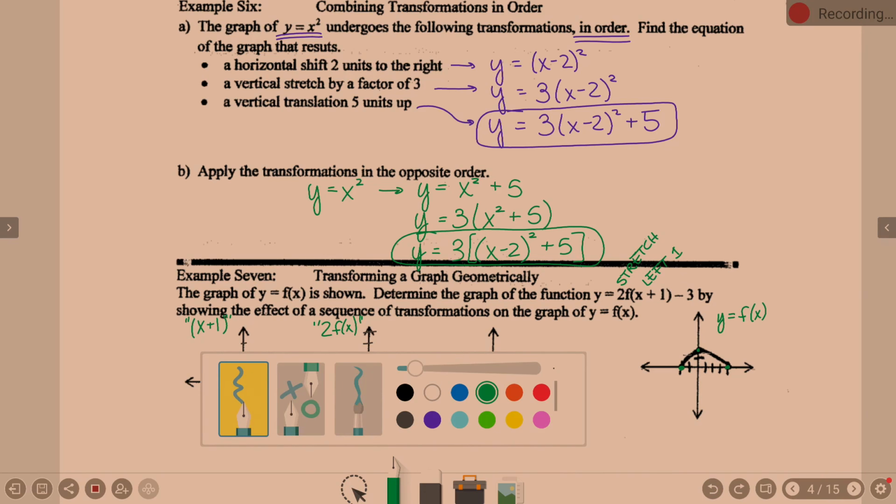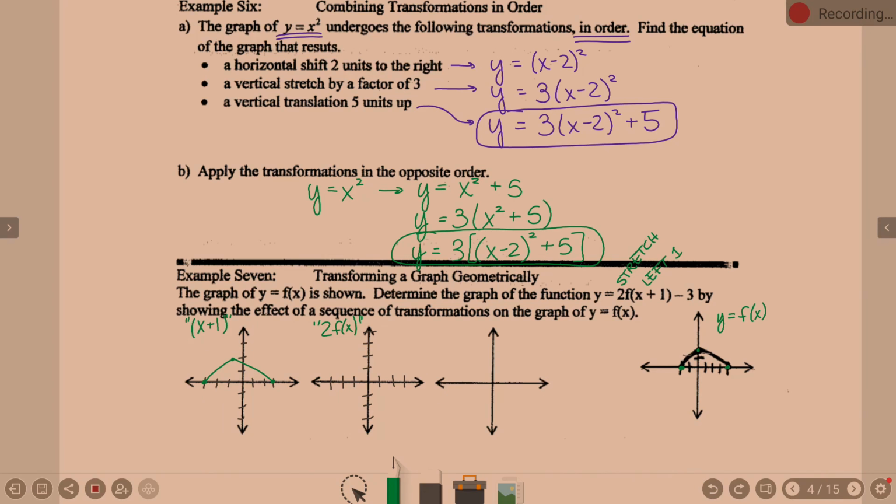Okay, then go 4 in all directions then. So what kind of stretch is this? It is a vertical stretch, yes? And that matters because which values are we stretching? Vertical values. Which are the vertical values? Y's, yes? Okay.